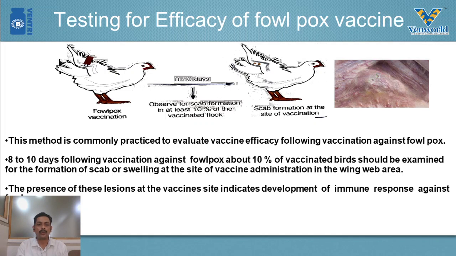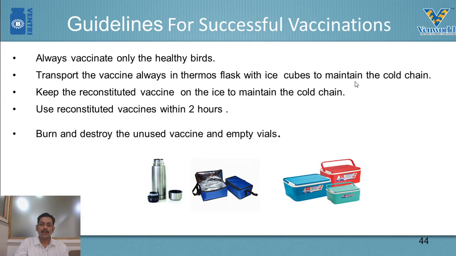At 8 to 10 days following vaccination, about 10% of the vaccinated birds should be examined for the formation of scabs or swelling at the site of vaccine administration in the wing web area. Such scabs or swelling after 8 to 10 days indicate that the immune response is developing against fowl pox. So this is one step, one test, for the efficacy of fowl pox vaccination.